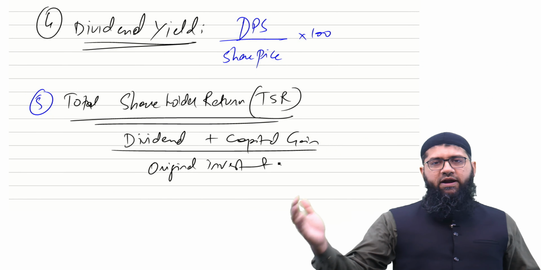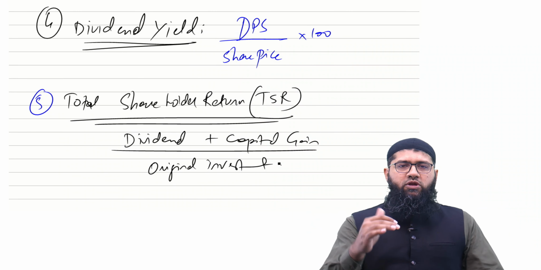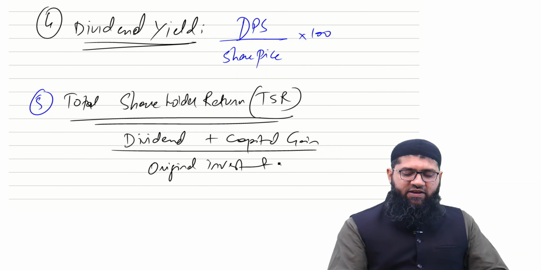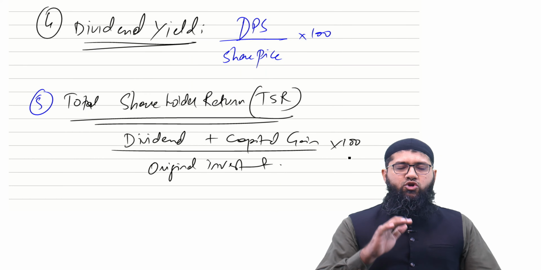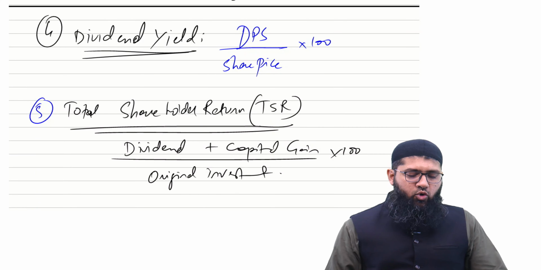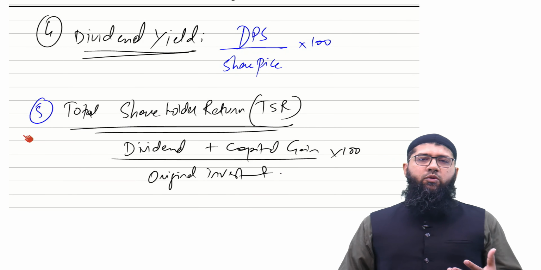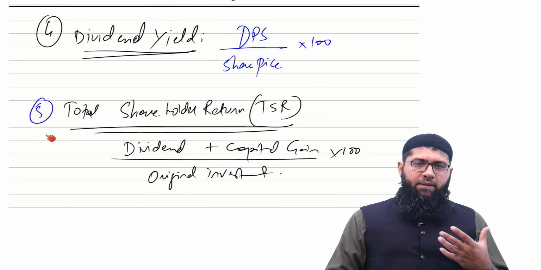So whatever the dividends for the year, whatever the capital appreciation for the year, you add up both of them, divide by the original investment, and multiply by 100. You end up getting total shareholder return. That's also one of the formulas that tells you how a company is performing.